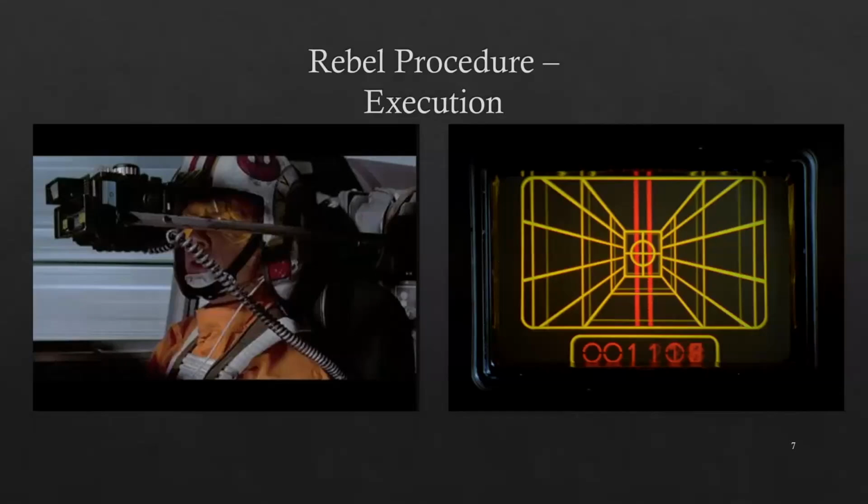He uses the Force. He uses the input that he has from his tools, but he manually executes this procedure. And he's the only one that can successfully blow up the Death Star, right? Because he's our hero, the hero of the series.